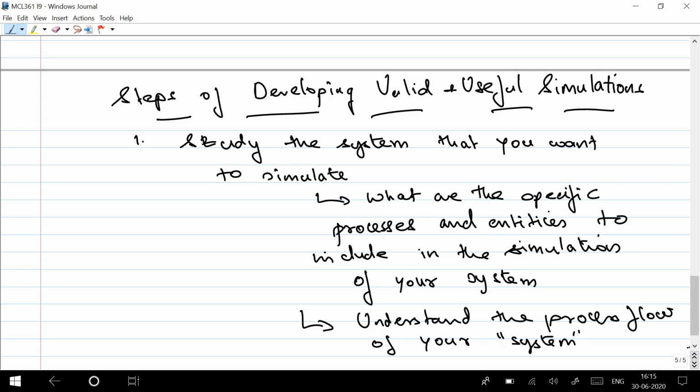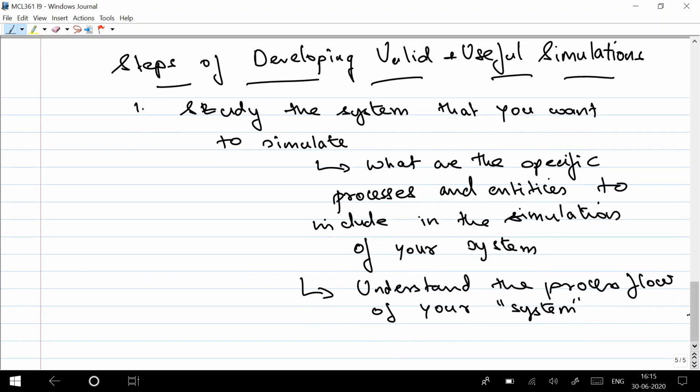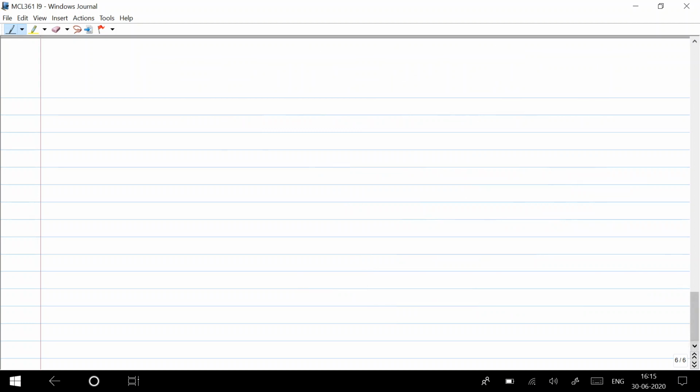Now, the reason I put the system in double quotes here is that, for example, let's say that we want to look at the IIT hospital, right? Instead of looking at the entire hospital, we have decided that we're going to focus only on the doctors and the patients. So your system now reduces to only the set of doctors and your patients.